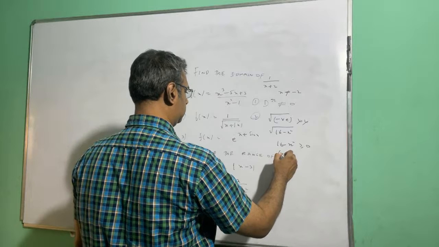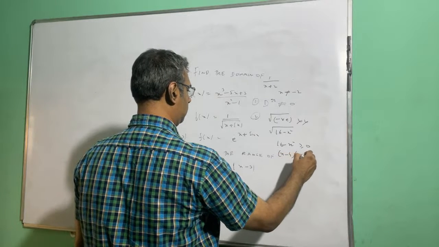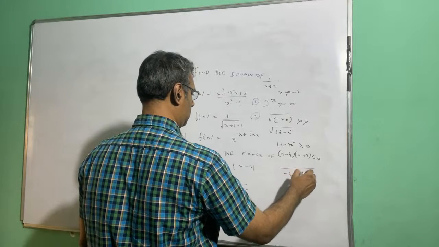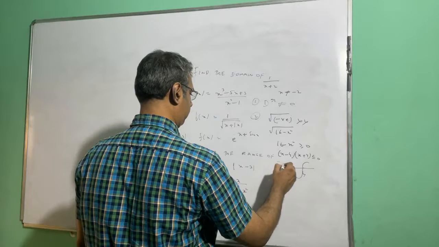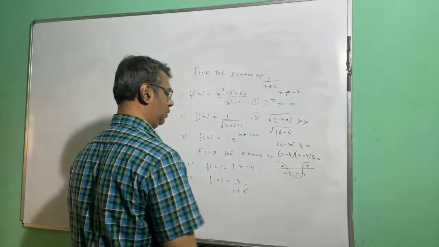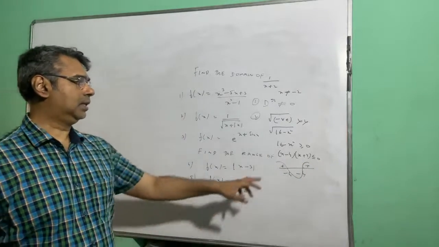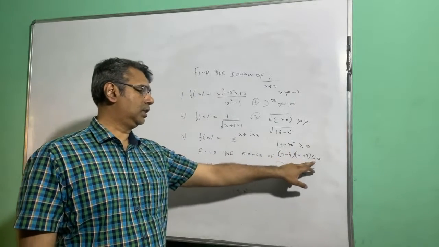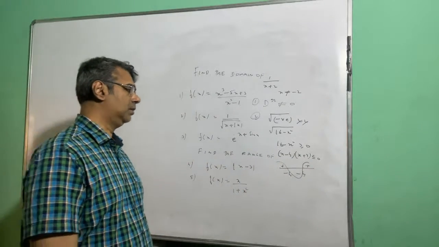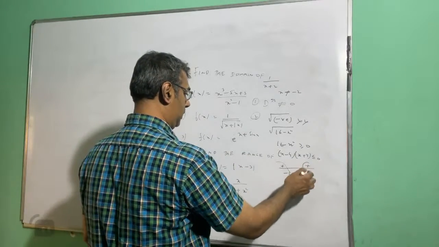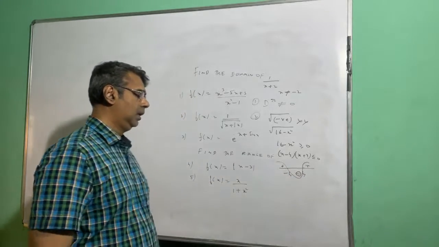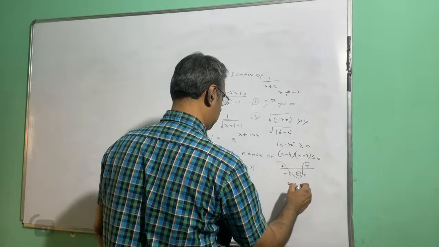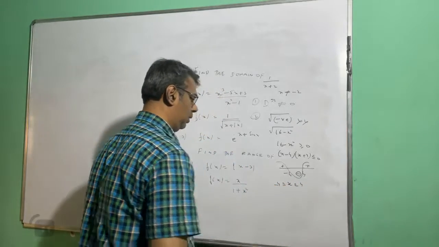So (x minus 4) into (x plus 4) is less than or equal to 0. If you draw a wavy curve, the answer will lie between minus 4 and 4, right?